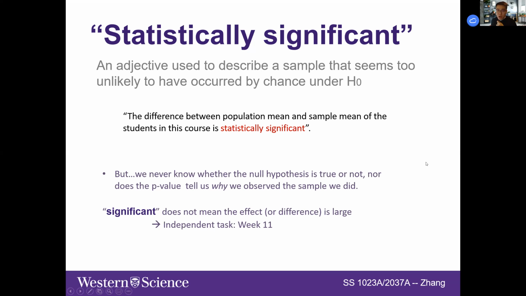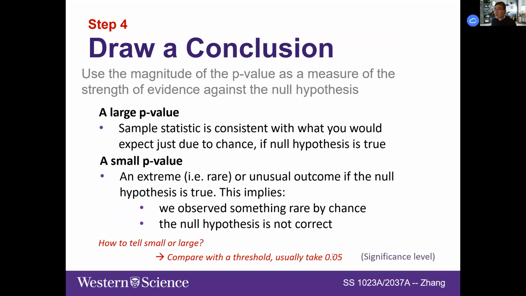Okay, so there's a question: is exactly 0.05 statistically significant, or is it just smaller than 0.05? This threshold usually does not include 0.05 itself.